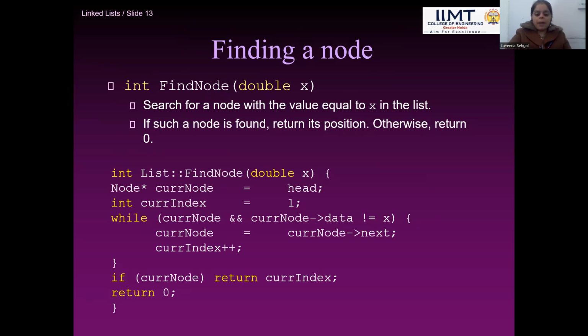So this is an example of how we can find a node. Here you can check it. Otherwise it returns 0. If you find it, it will return the value. If you don't find it, it will return 0.